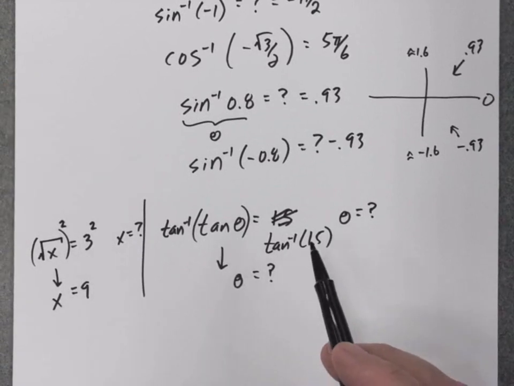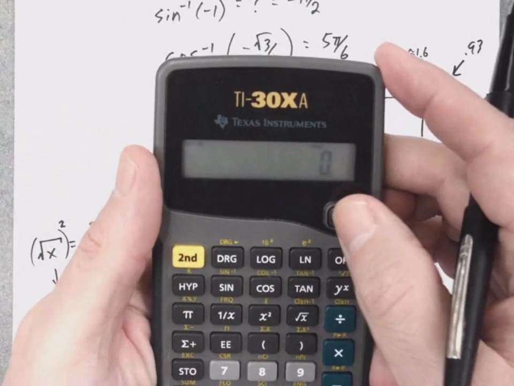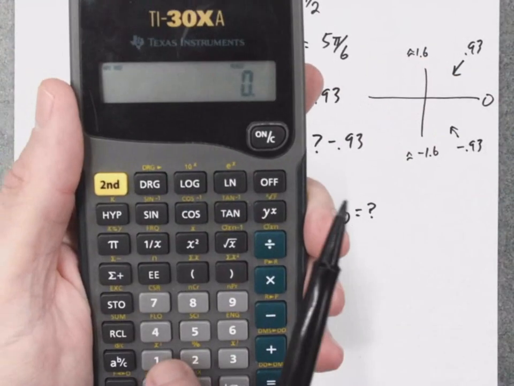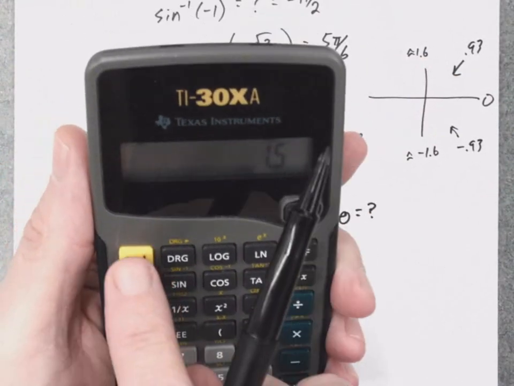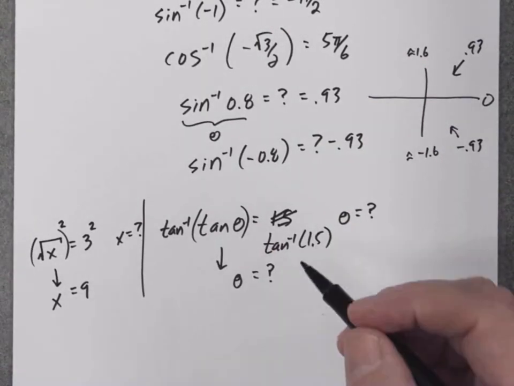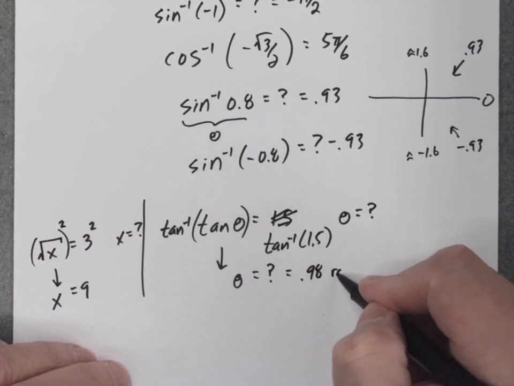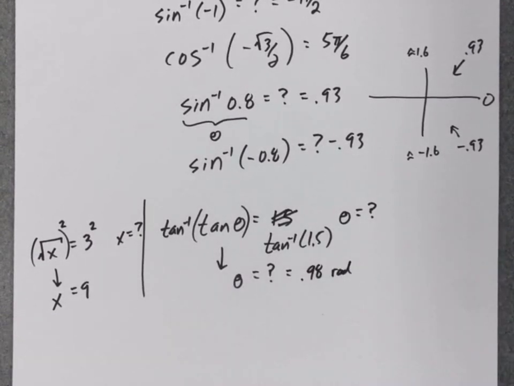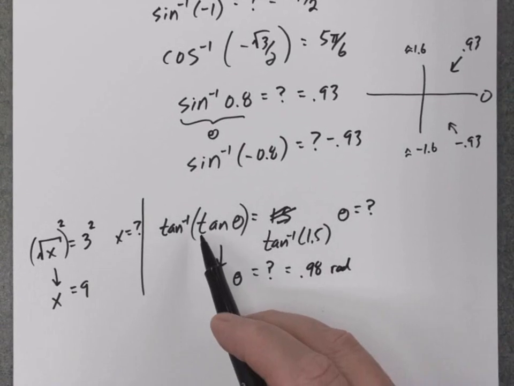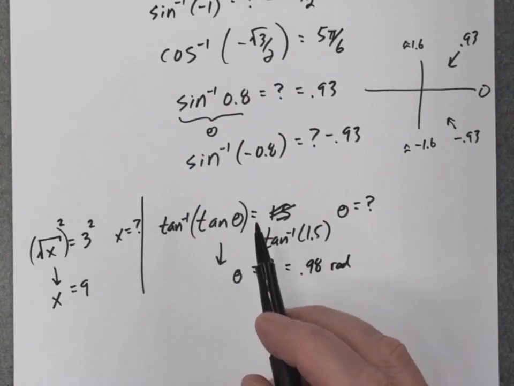So then you would grab your calculator, make sure I'm in radian mode, and if I put in 1.5 and then hit inverse tangent, I would have like 0.98. So the angle's like 0.98 radians. So that's going to be another use down the road of inverse trig functions.